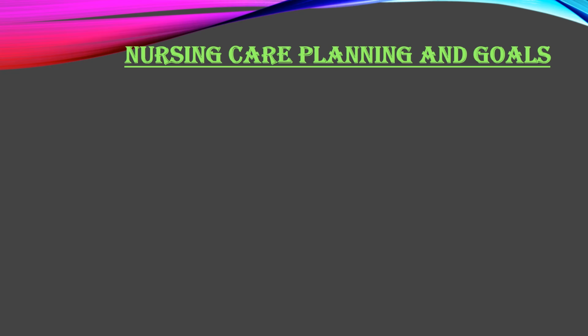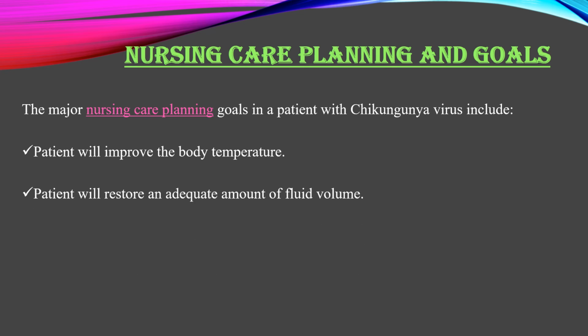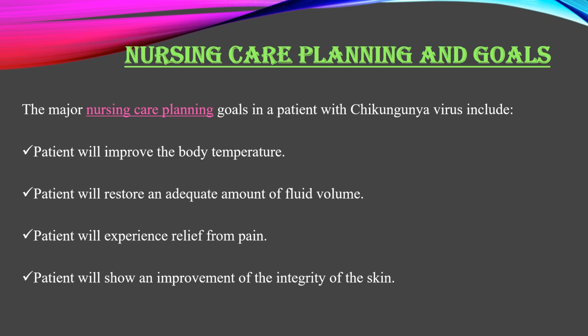Nursing care planning and goals. The major nursing care planning goals in a patient with chikungunya virus include: patient will improve the body temperature, patient will restore an adequate amount of fluid volume, patient will experience relief from pain, and the patient will show an improvement of the integrity of the skin.